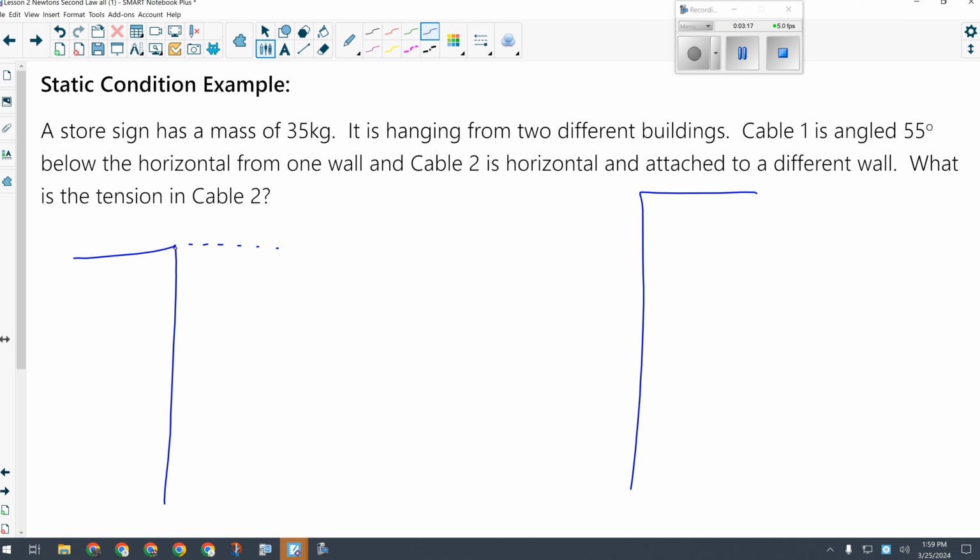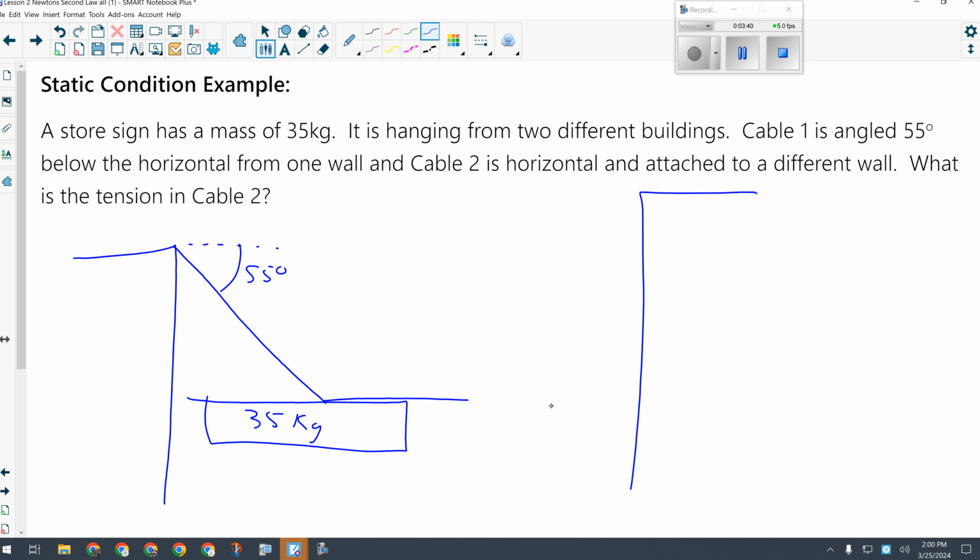Okay, so 55 degrees would probably look something like that. Okay, and it's attached to the sign. So here's the sign, okay, and it's 35 kilograms. So what I'm really doing here is drawing a free body diagram. Do you agree? Okay.